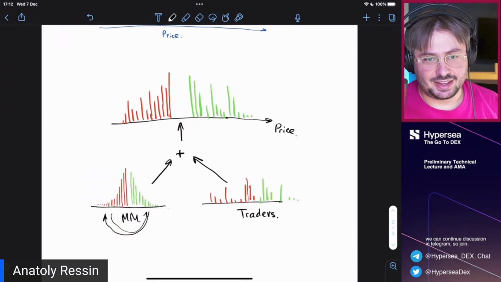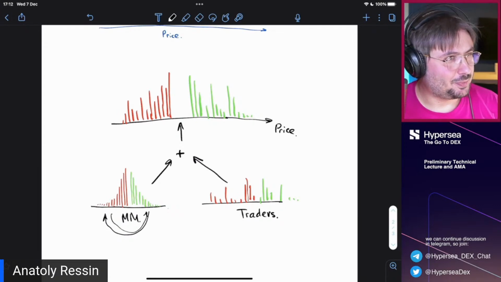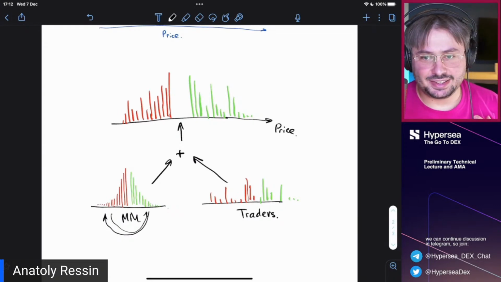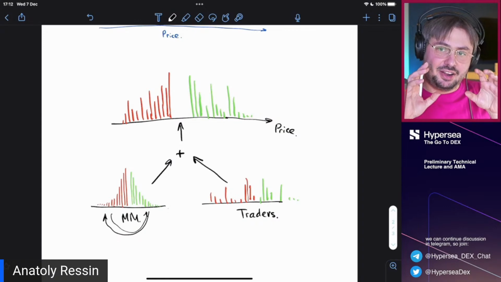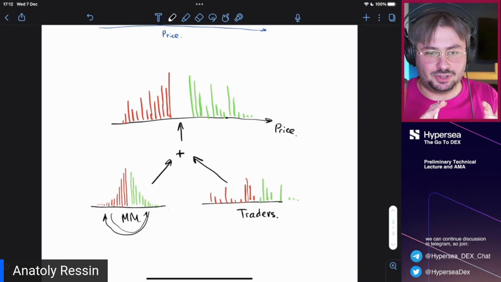But unlike ordinary traders, market makers are locking their liquidity, so they are always in the order book.